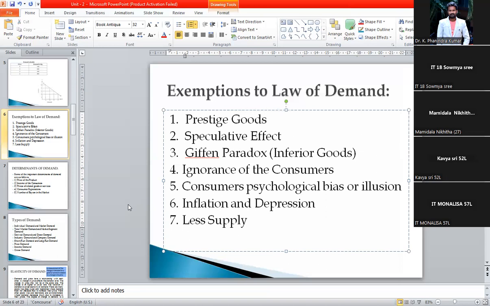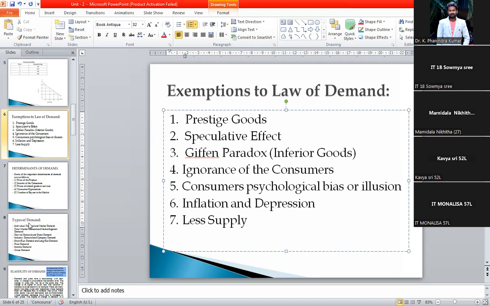In those cases the law of demand doesn't apply, because when the price of bread increases, people still come forward to purchase. They never decrease their consumption. If the price of rice increases, or the price of wheat increases, people never leave those goods. In the same way, with regard to inferior goods also, we cannot apply the law of demand.